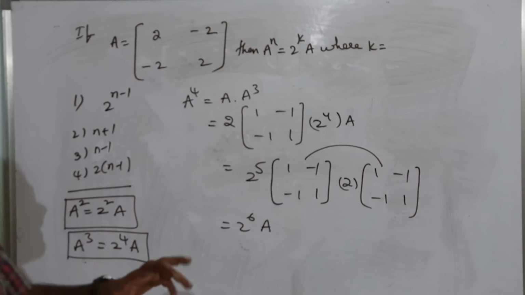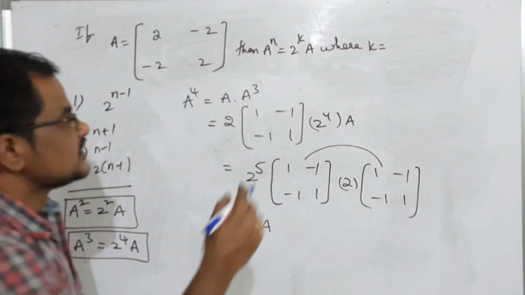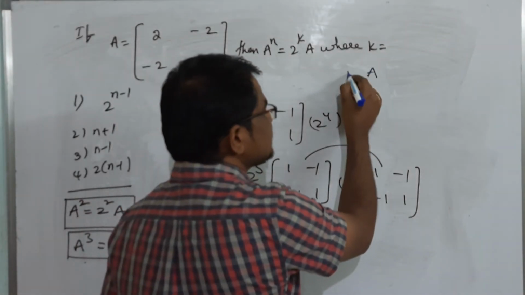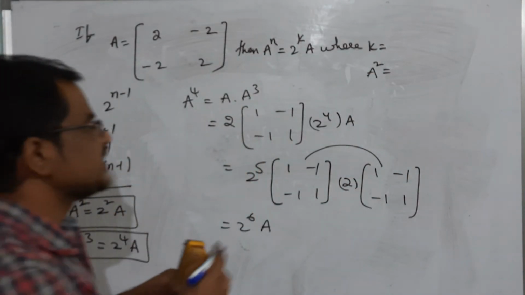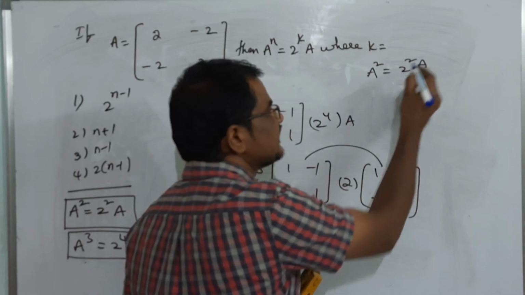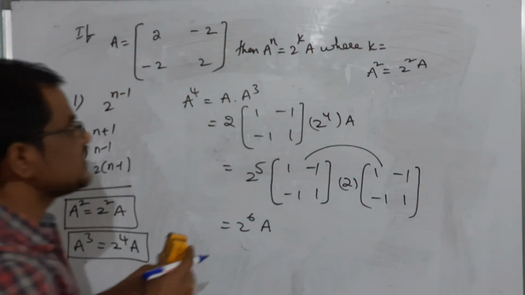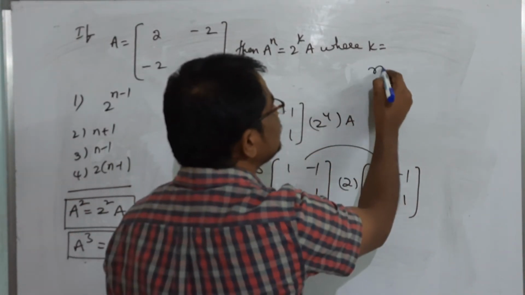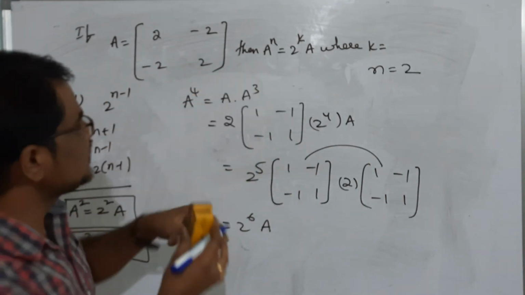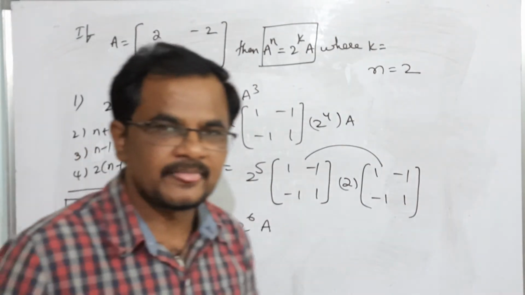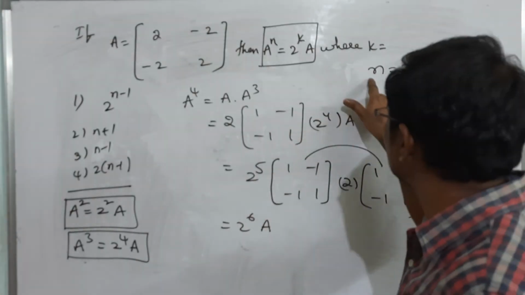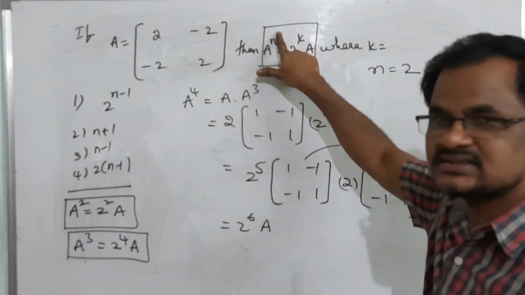Now verify the answer. So a square, first option, if you take a square equal to what? 2 square into a. Now substitute, suppose if you substitute n equal to 2, listen carefully. If you substitute n equal to 2, a square you will get, right?